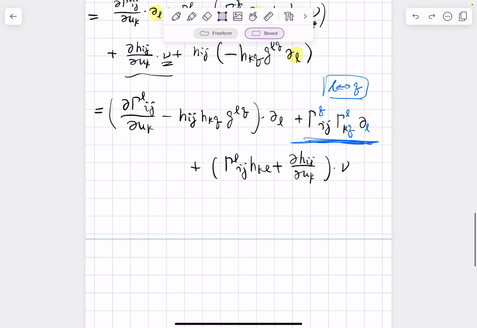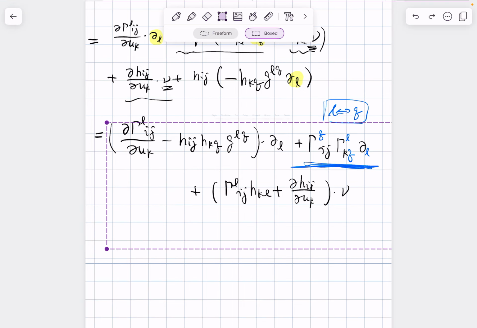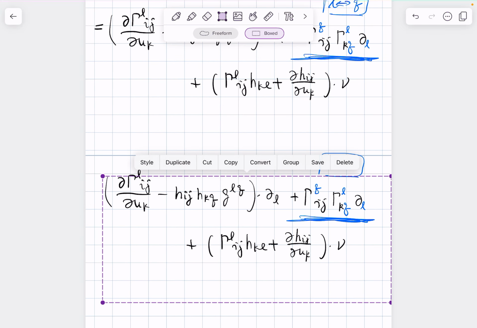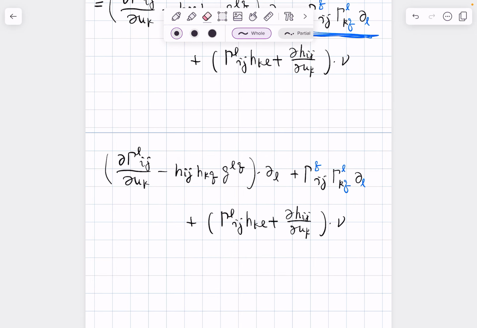Let me duplicate it. Now it's equal to this part, and we erase this.